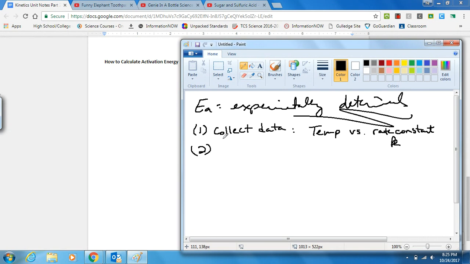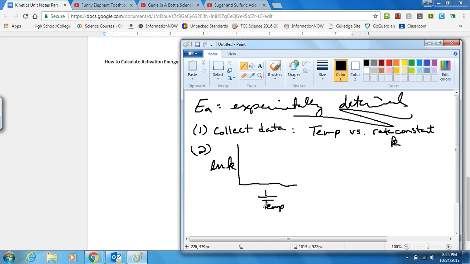Once I collect this data, I conduct an experiment, I find different temperatures, figure out different K values. I am then going to plot that data. And on my y-axis, I want natural log of K. On my x-axis, I want 1 over temperature. Realize this is temperature, not time.